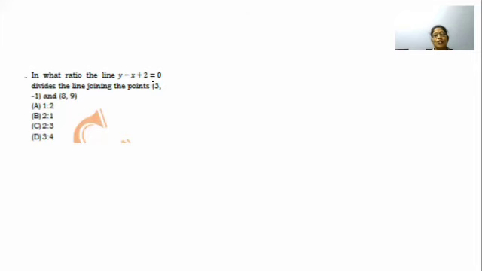Yes. In what ratio does the line divide the line joining these 2 points? So this is also a good question, okay? Note down this point.